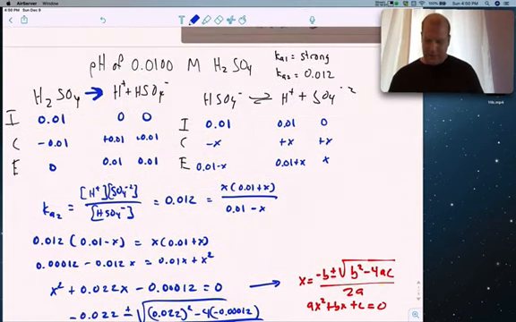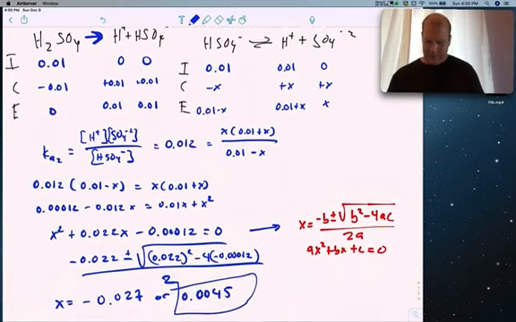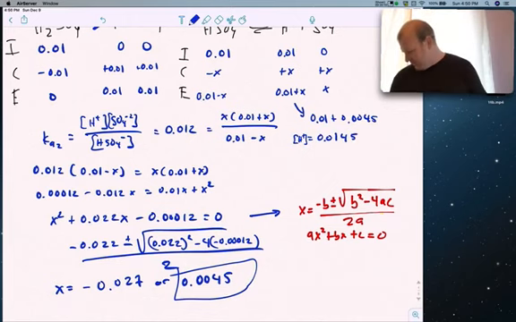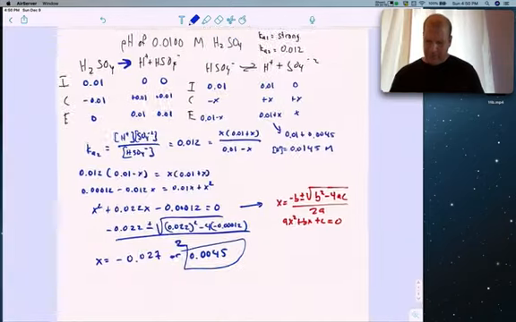And then, so the x is that, so the 0.01 plus x, 0.01 plus 0.0045. This equals the hydrogen ion concentration, equals 0.0145 molar, and we need the pH.